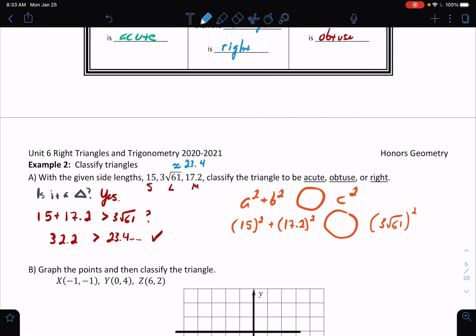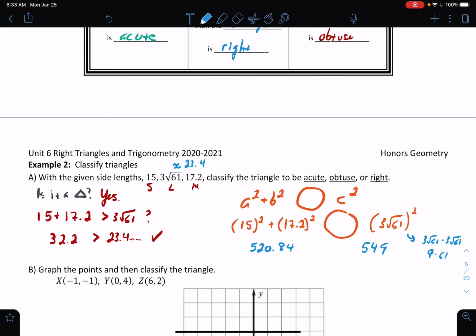15 squared plus 17.2 squared is going to give me 520.84. 3 square roots of 61 is in parentheses and I square it. That's going to give me 549, because it's 3 square roots of 61 times 3 square roots of 61, so 9 times 61, which is 549.